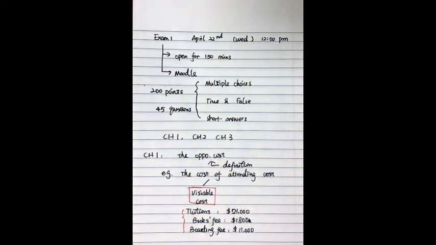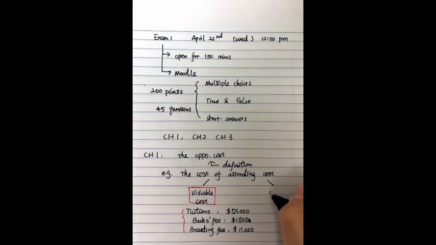However, after learning the opportunity cost, we need to know that except for those visible fees, attending college has an opportunity cost. Because you spend maybe 2 years in college or 4 years at OSU, during those years you could actually find a job and earn some salaries, right? Those are the opportunity costs we need to consider.